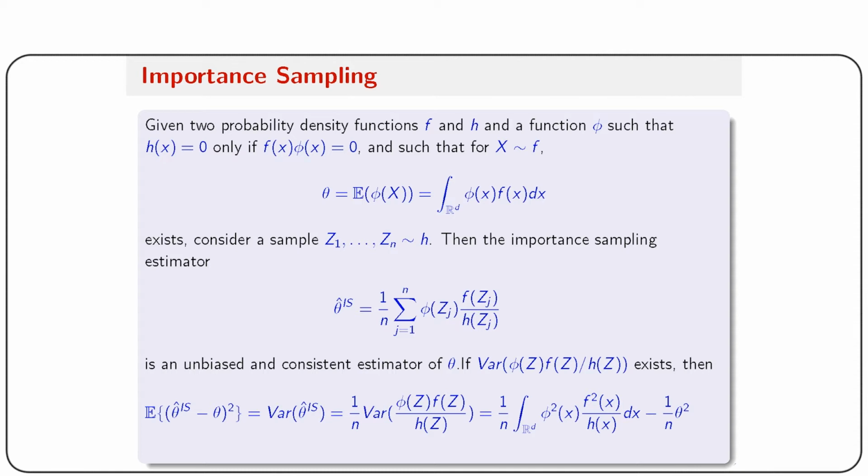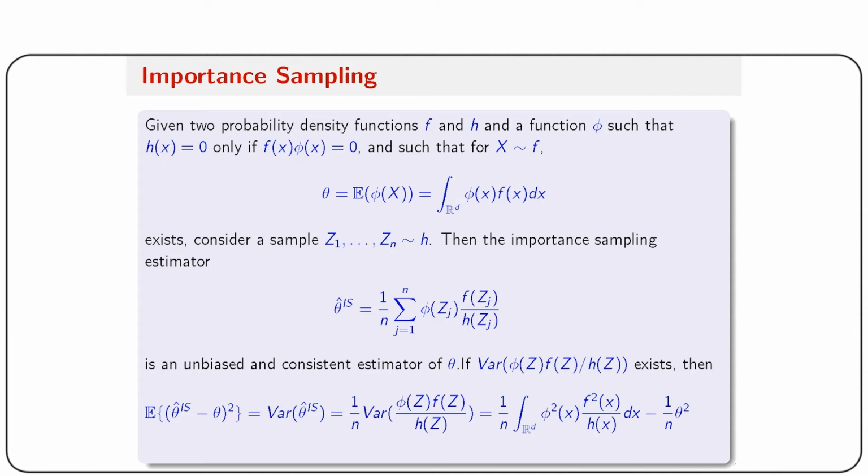Then the importance sampling estimator theta hat, which is 1/n times the sum over j equals 1 to n of phi(Z_j) f(Z_j) divided by h(Z_j), is an unbiased and consistent estimator of theta.